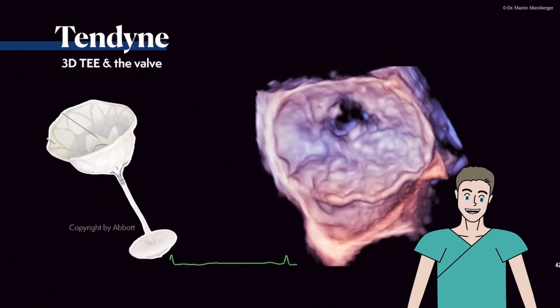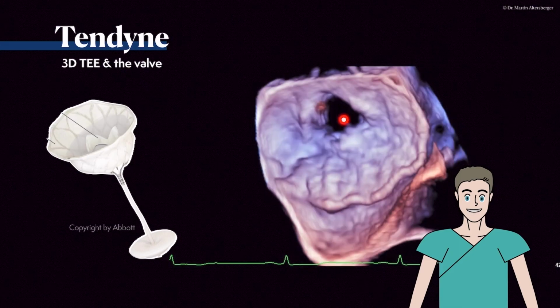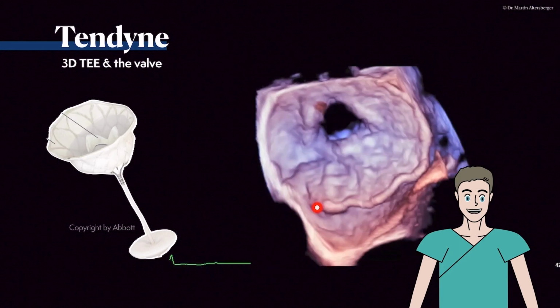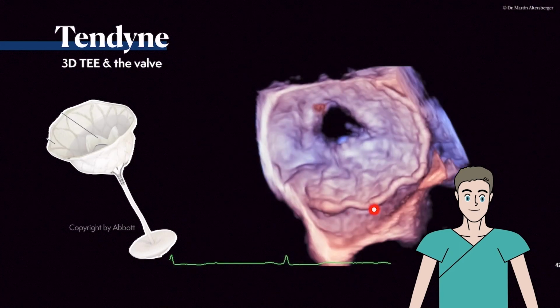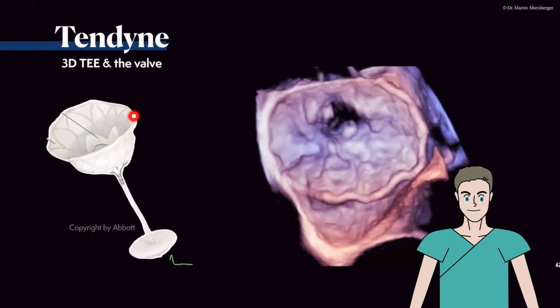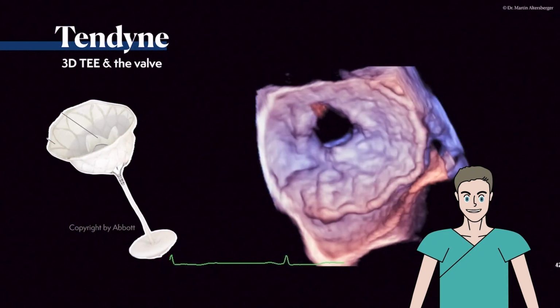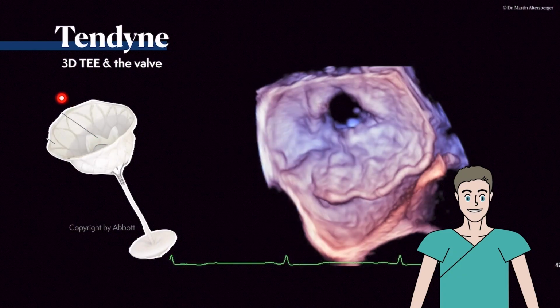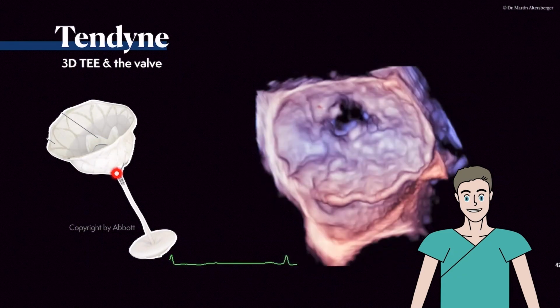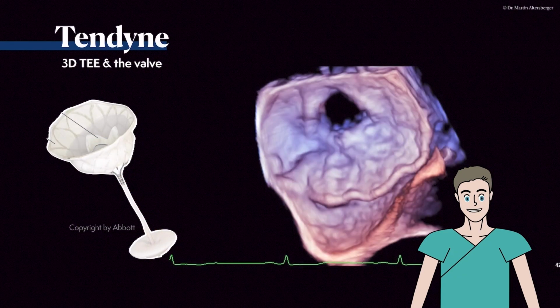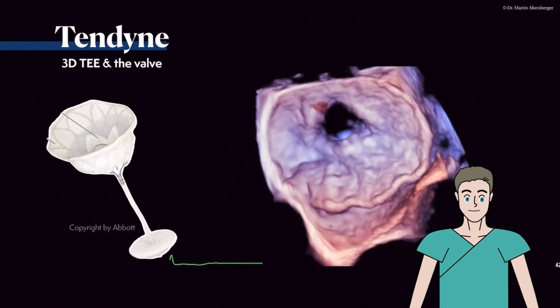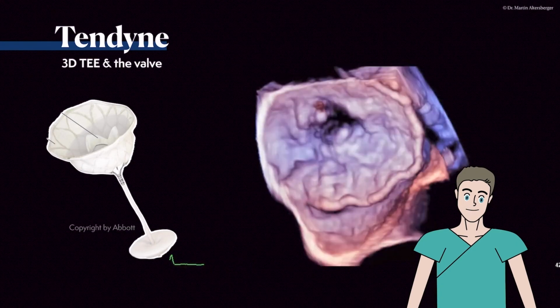In a TEE study you can even see it more clearly. Here is the valve. The valve is opening in this large umbrella. So here we have the umbrella-like structure, and this is the structure we will find at the apical region. So this is at the area of the atria, and here it goes to the ventricular side. So a minimally invasive, valvular implanted structure.